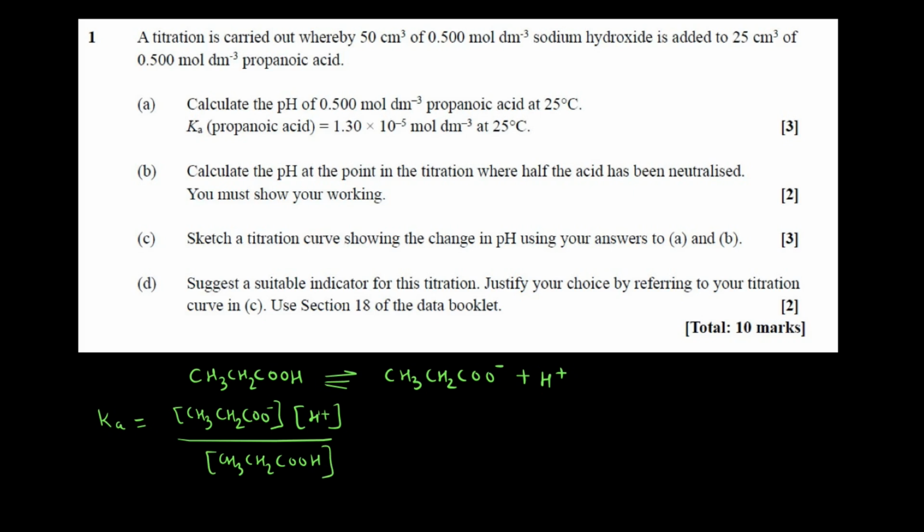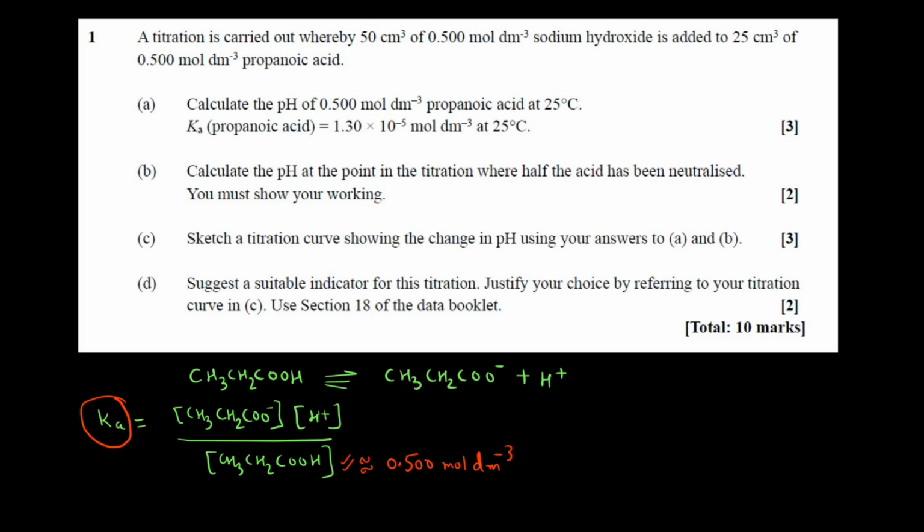Okay, so Ka is given to us, and the concentration of propionic acid is given to us. So we will assume that the dissociation of propionic acid will be very small, therefore the concentration of the left propionic acid will be the same as the initial concentration, that is 0.500 mol/dm³.